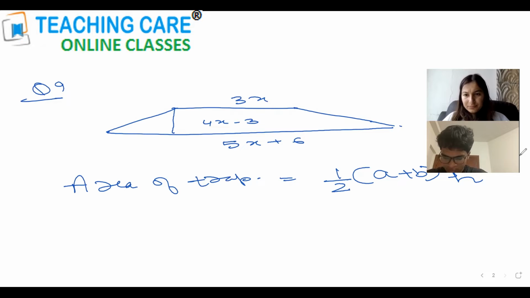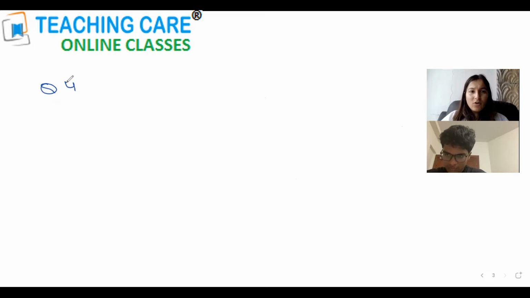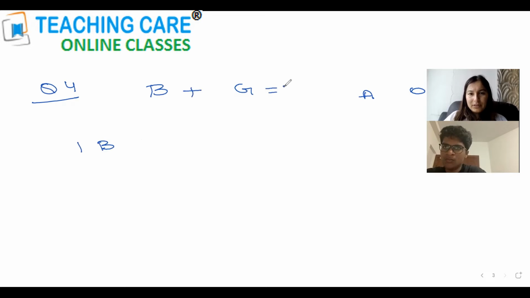Fourth one. Okay. So in question number 4, they're talking about 4 things, Bhavan. One is the number of students, which includes boys and girls, right? And then we have apples and oranges, which are distributed among them. So we have B plus G equal to 35, right?